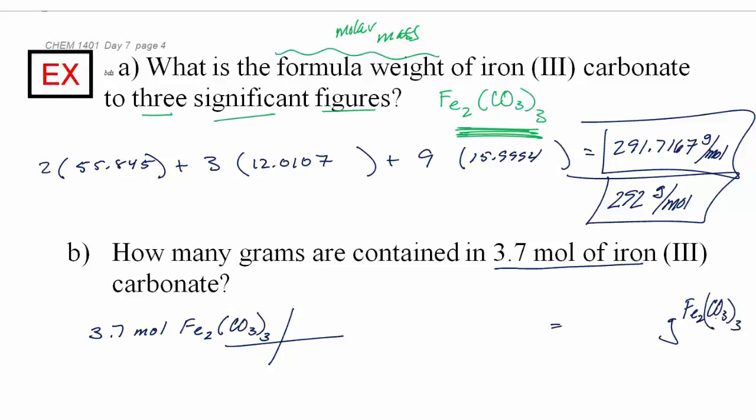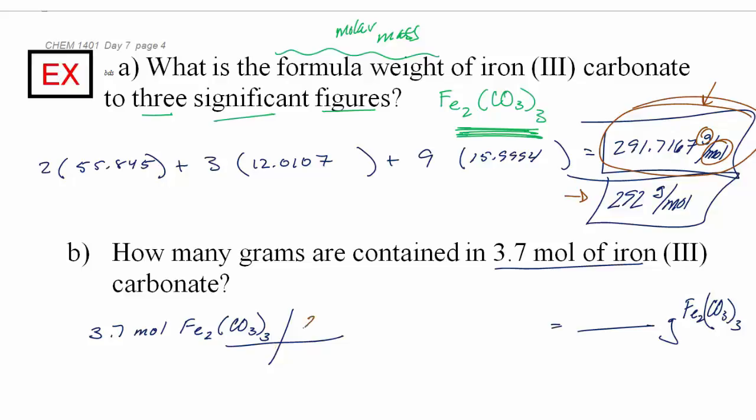So how do we do this? Use the conversion factor that we just found. Whenever you want to go from grams to moles or moles to grams, it's the molar mass. Okay? And let's just use the one that's 3 sig figs. Do we write it as 292 grams per mole or a mole and 292 grams?